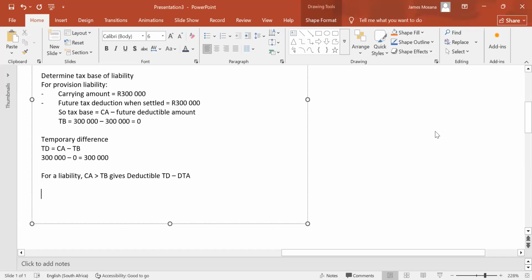Right. So now let's calculate our deferred tax. Since we know that we are dealing with a deferred tax asset, we will take the 300,000 multiplied by the applicable tax rate of 27%, and get, can someone please calculate the answer for me in the chat box?